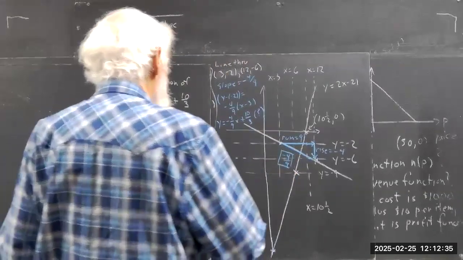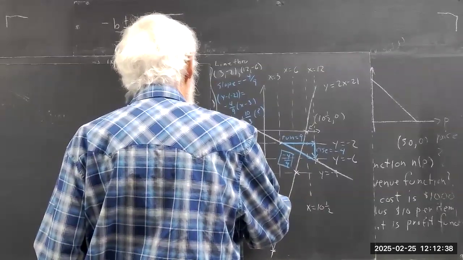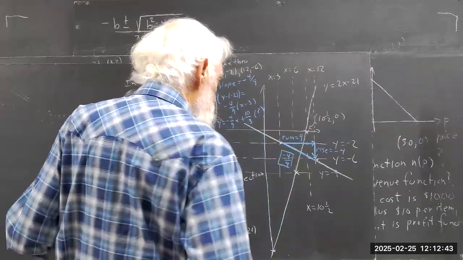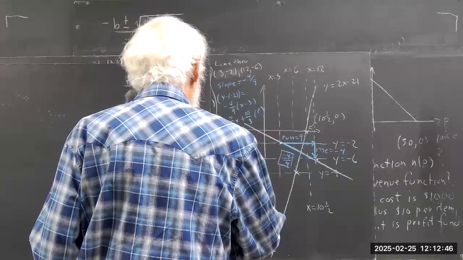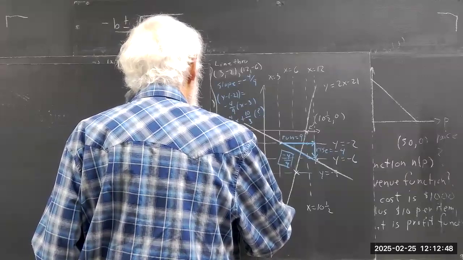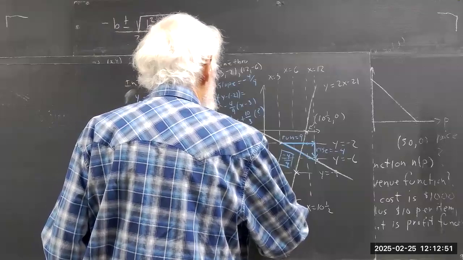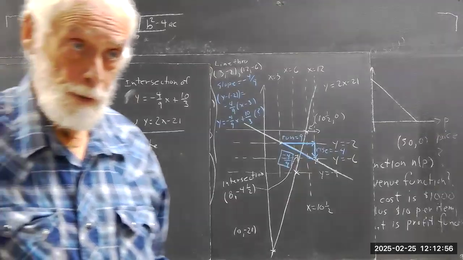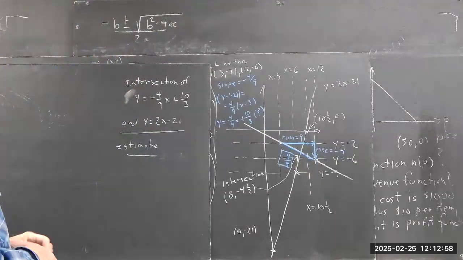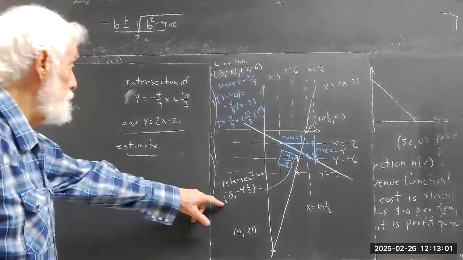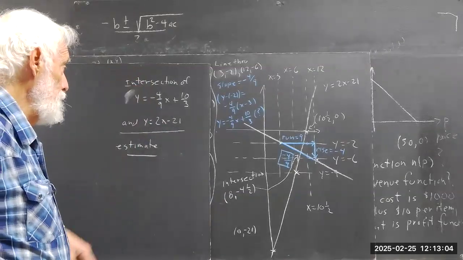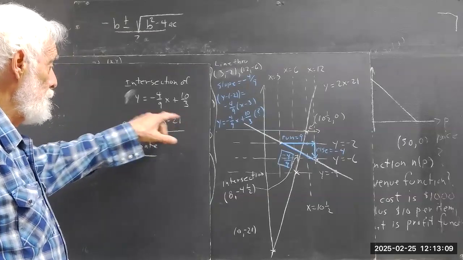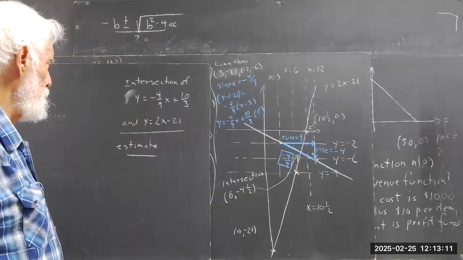I'm going to say the intersection is maybe at 8, -4.5. Okay, we can check that. Put in 8. -4/9 of 8 is -32/9, about 3.5. Add that to 3 1/3 and get something close to 0, so it doesn't look like it works.